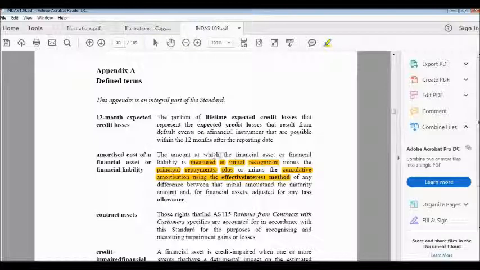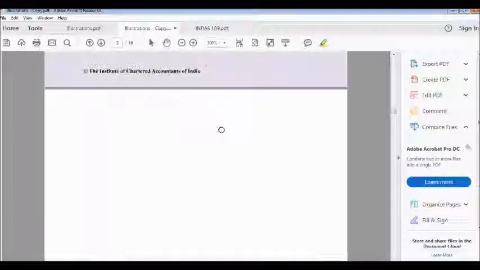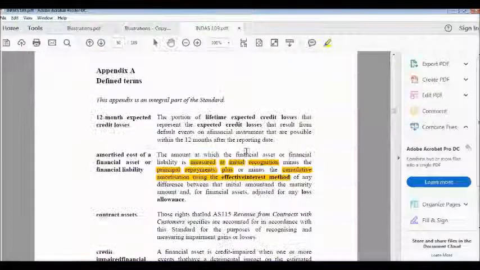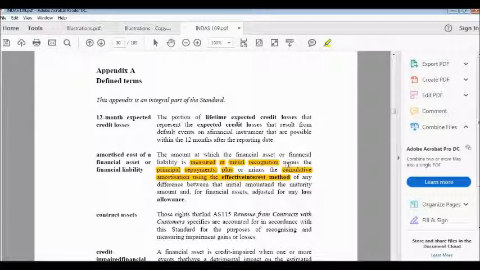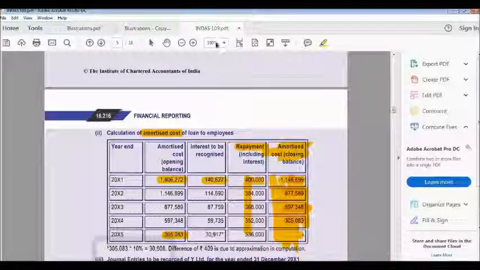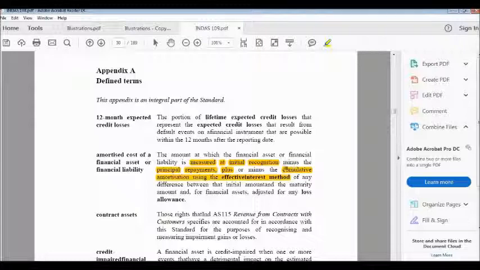You have to first calculate the initial recognition. So the initial recognition amount in our example is 14,06,272, minus the principal repayment, which is 4 lakh here, and then plus the cumulative amortization using the effective interest method.